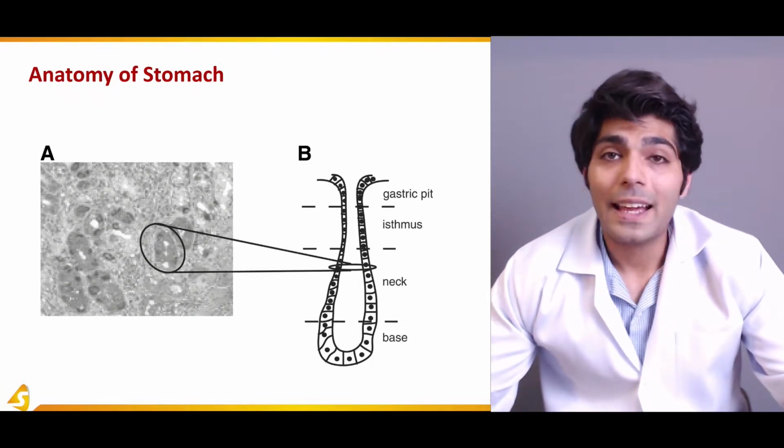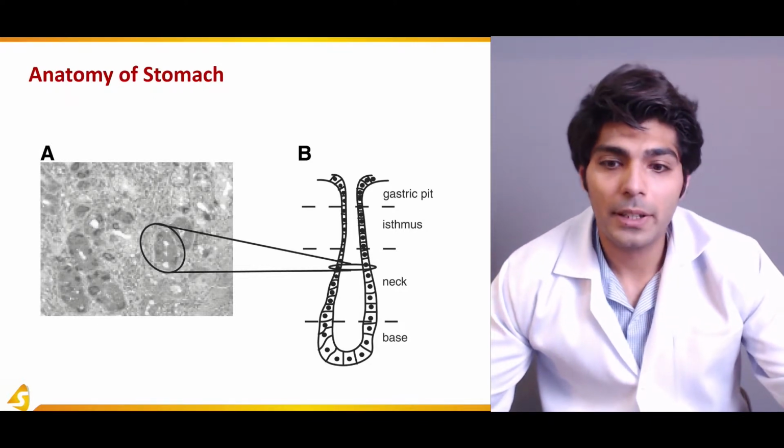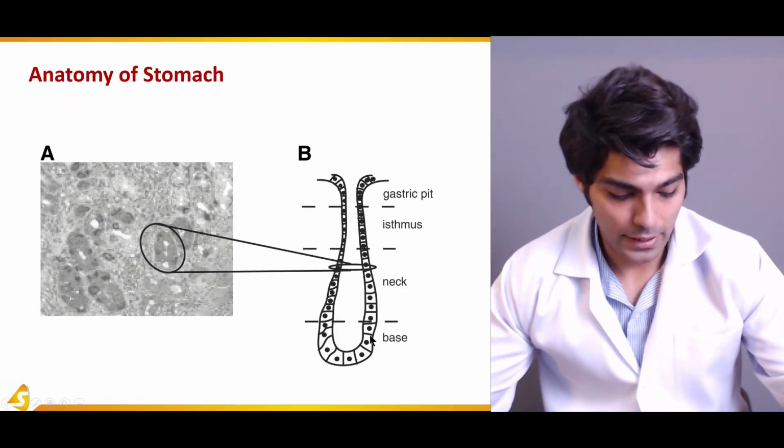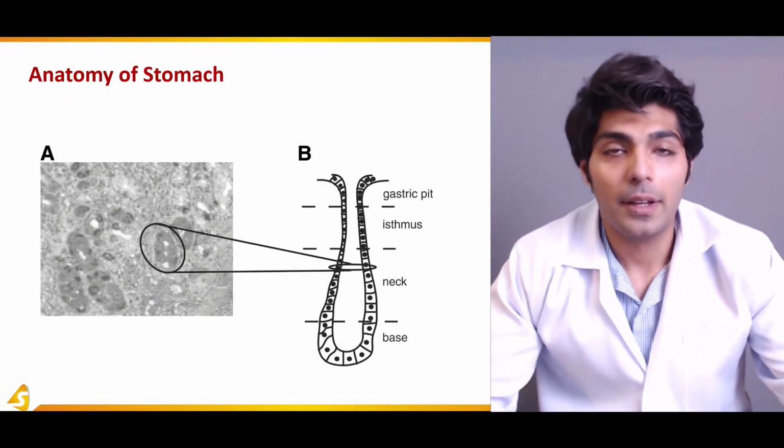Then we have enterochromaffin cells that release histamine, present at the base area, and G cells present in the pyloric area.